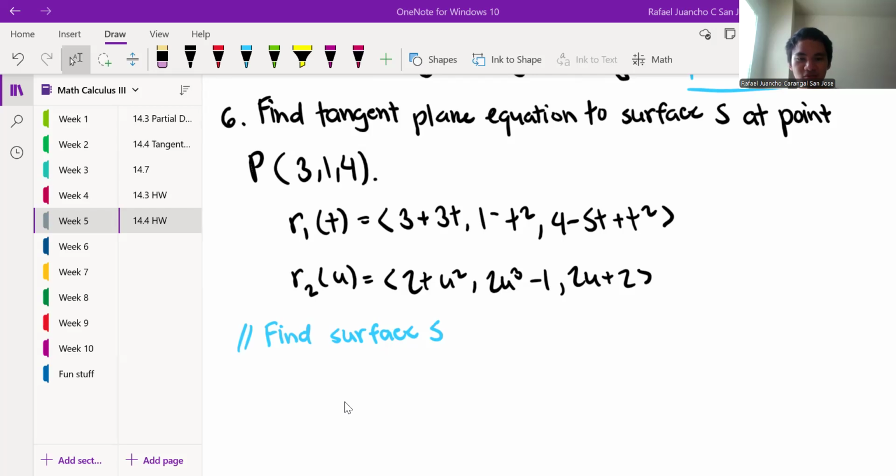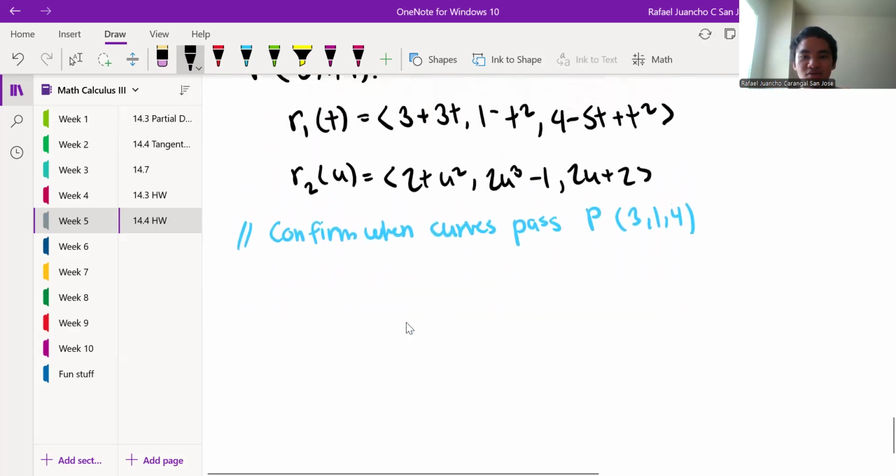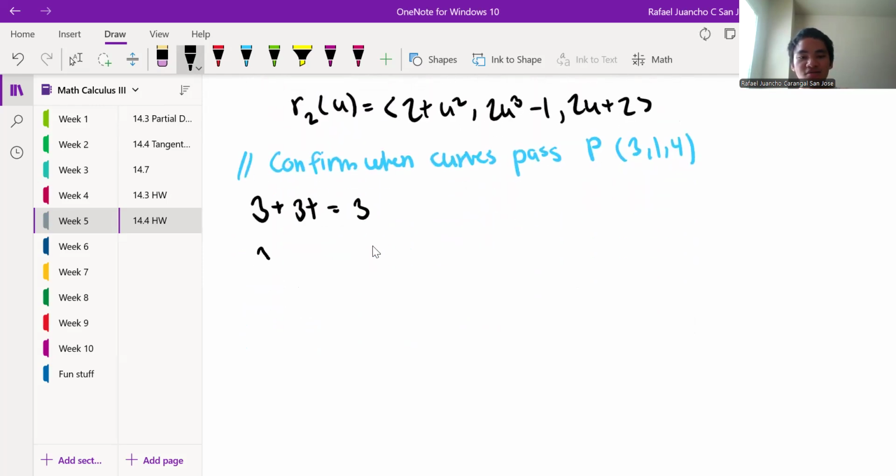So okay, let me just walk through it. It's not really about finding the surface. The idea was to confirm when the curves pass our point P. So what's our t value going to be? That's one thing we need to try. 3 plus 3t is equal to 3, so we can subtract, and t is 0.